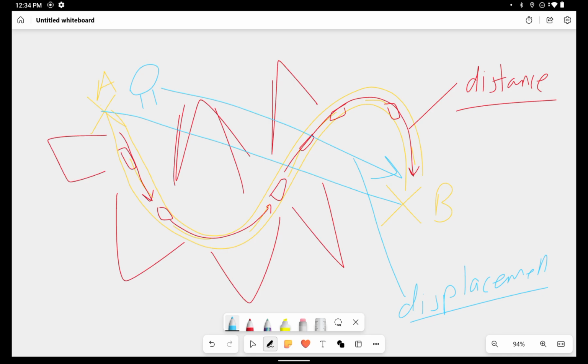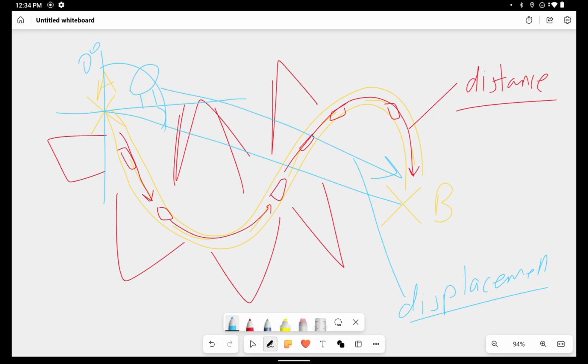And we can also associate a direction with this displacement. If we use bearings, you will study bearings later, after your O level math. If you study bearings, we can measure an angle starting from 0 degrees. So we can also give a direction.